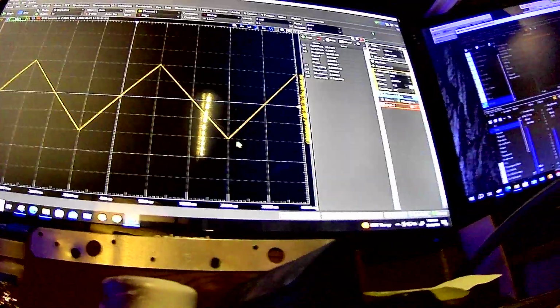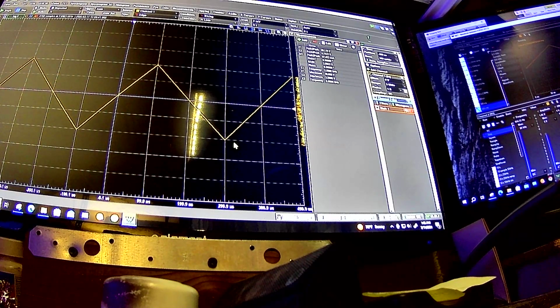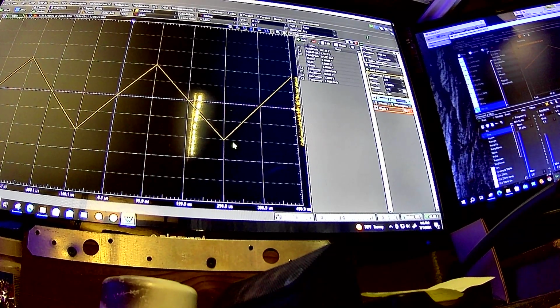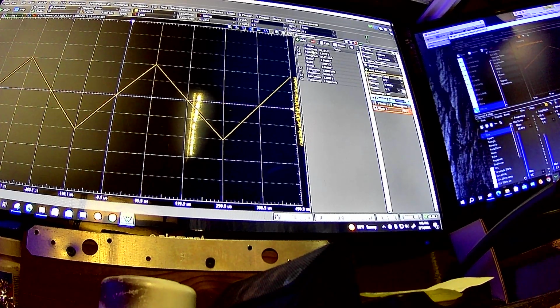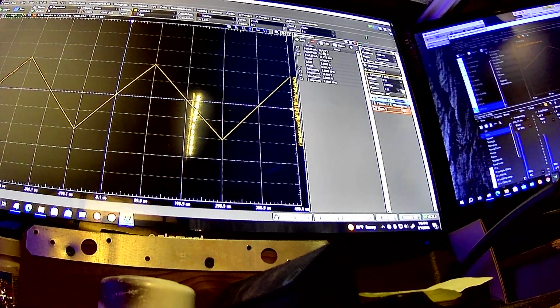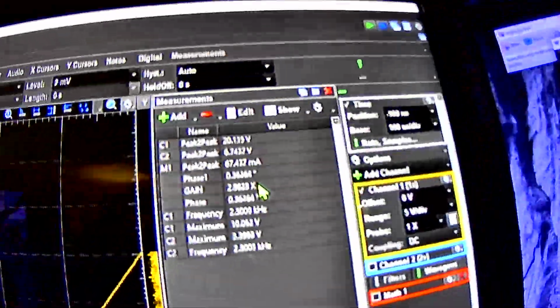So basically, I went in and generated a whole host of different waveforms. Right now I have the output at about 20 volts peak to peak, which you really can't see too clearly, but take my word for it. Gain is about 2.8.